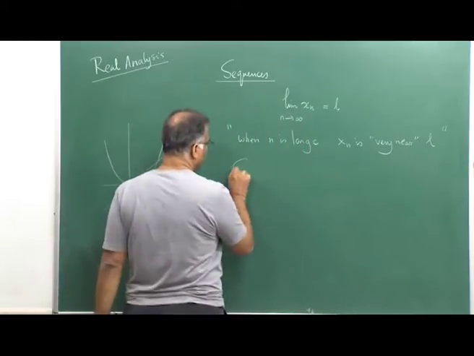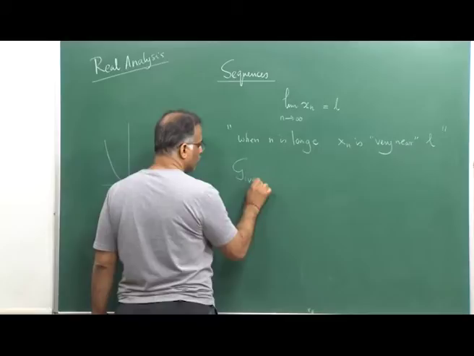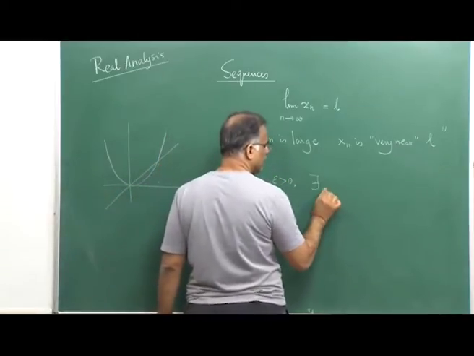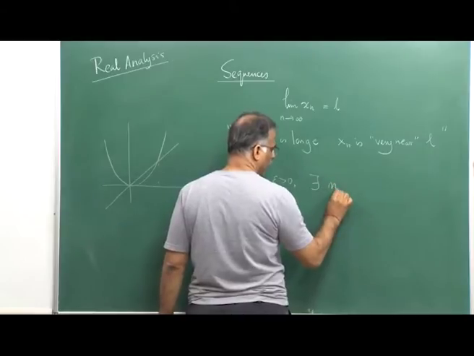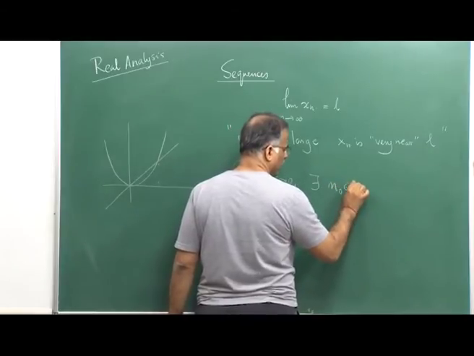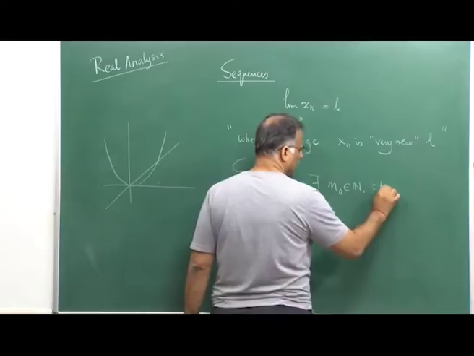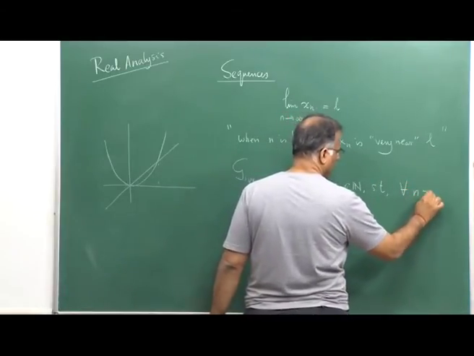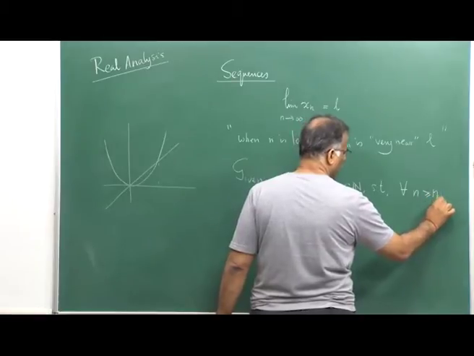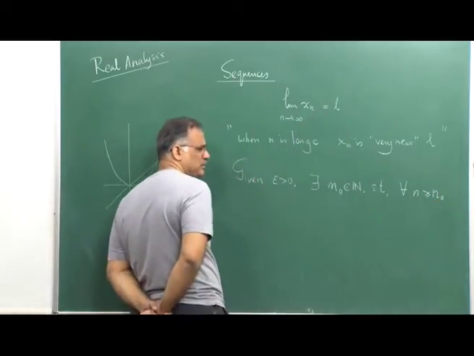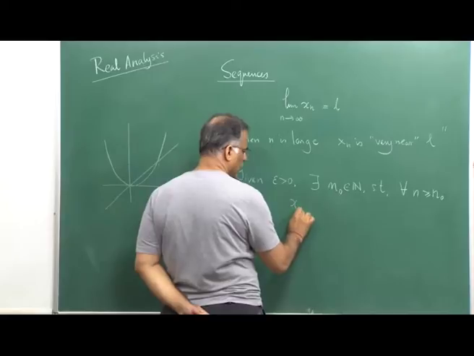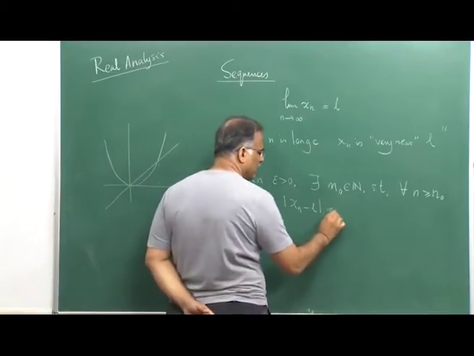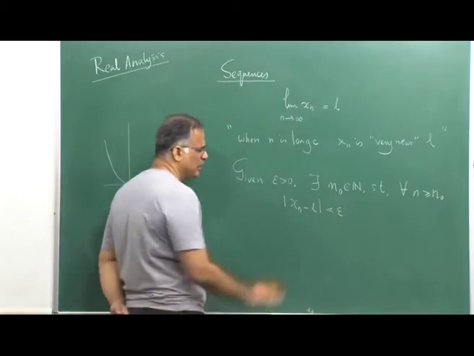So, given epsilon greater than 0, there exists n naught, an element of N, such that for all n bigger than or equal to n naught, the distance, the absolute value of xn minus L, is less than epsilon, strictly less than epsilon.